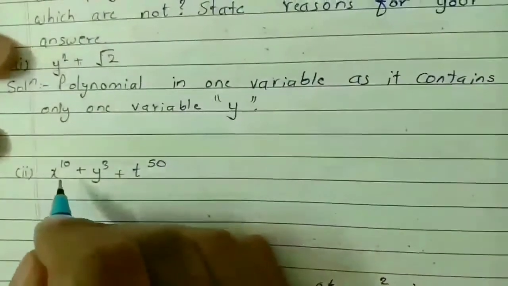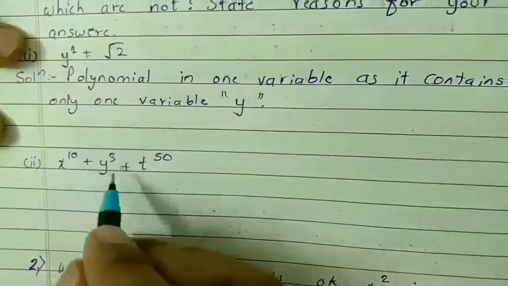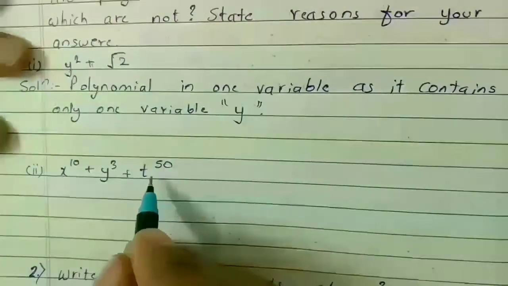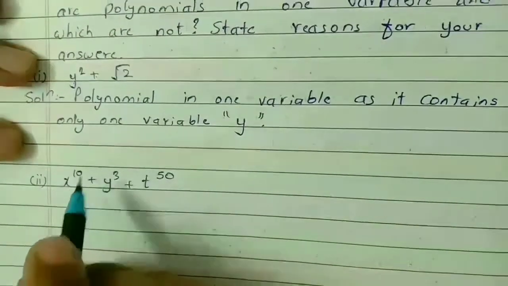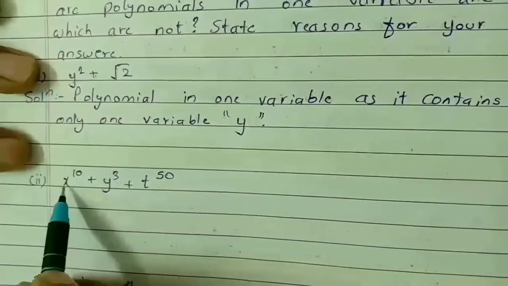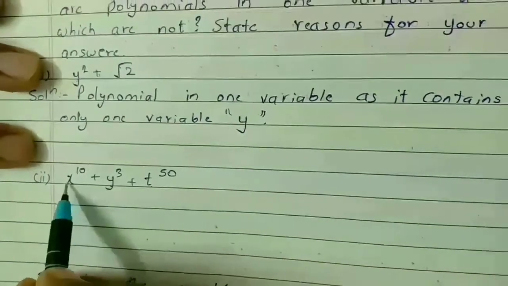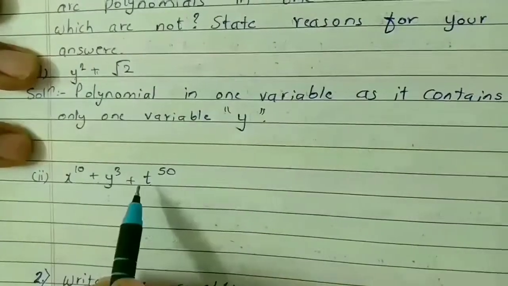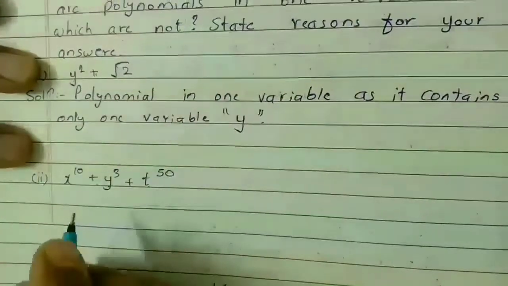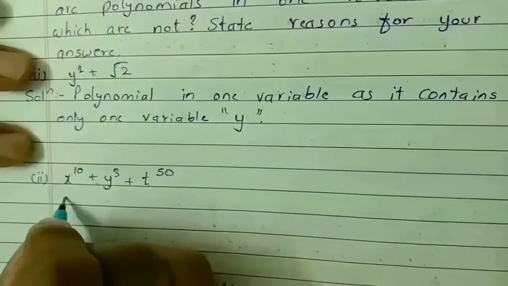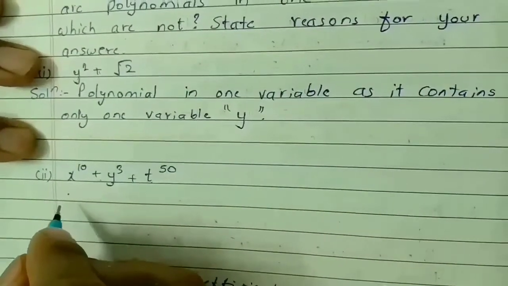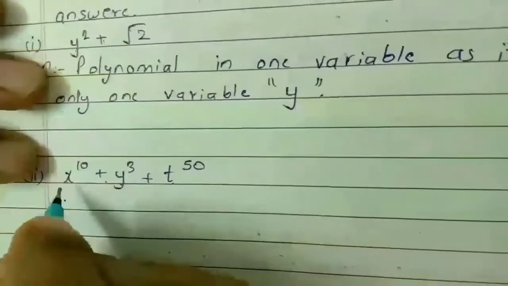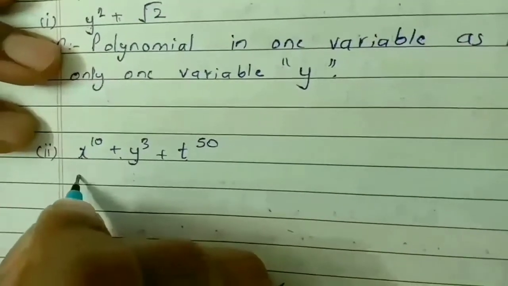Now we'll solve one more example. X raised to 10 plus y raised to 3 plus t raised to 50. Now this is a polynomial in three variables. There are three different variables. Here the variables are x, y and t. So how will you write this?